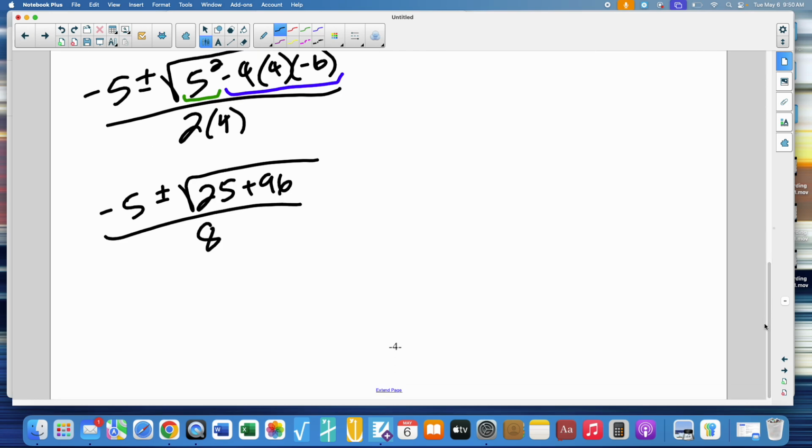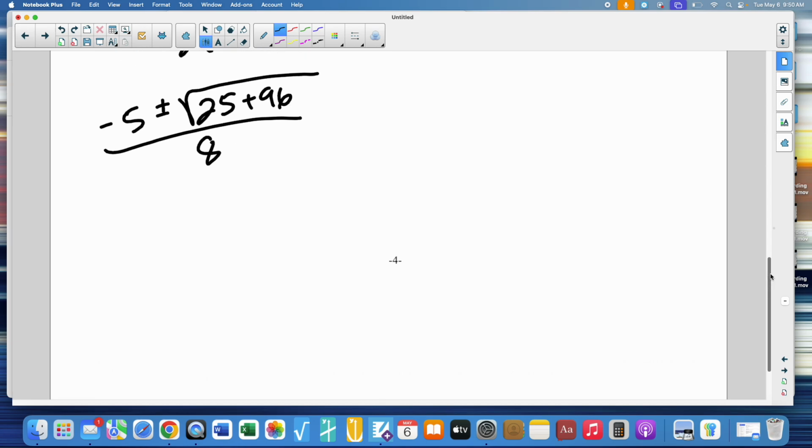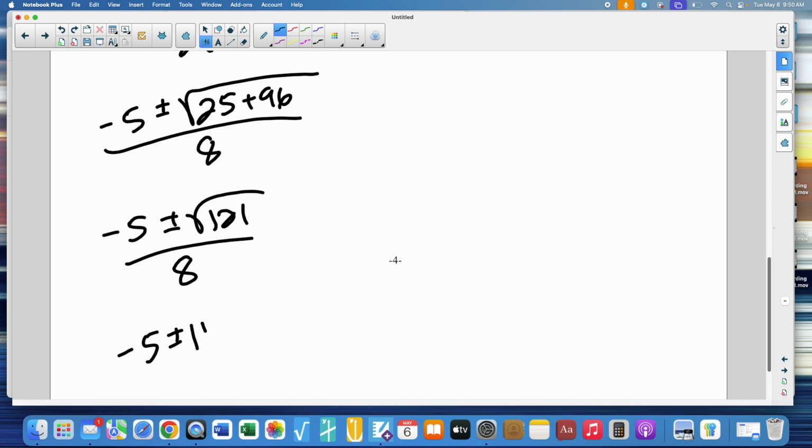Let's simplify that. So now we have those two pieces. You're always going to end up with two things being added or subtracted in that radical. So negative 5 plus or minus 25 plus 96 is 121 over 8. We like that. 121 is a perfect square, which is 11. And we get two statements.